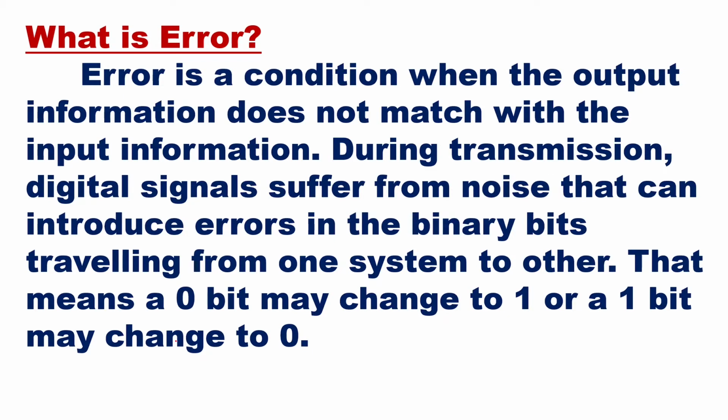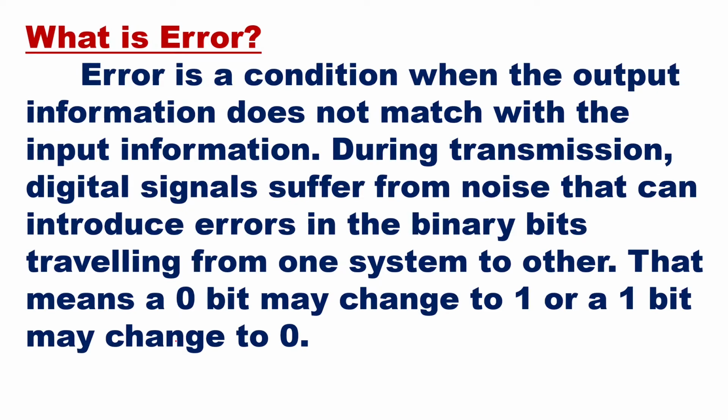As we have seen earlier, what is an error? An error is a condition when the output information does not match the input information. Remember this. During a transmission, digital signals suffer from noise that can introduce errors.